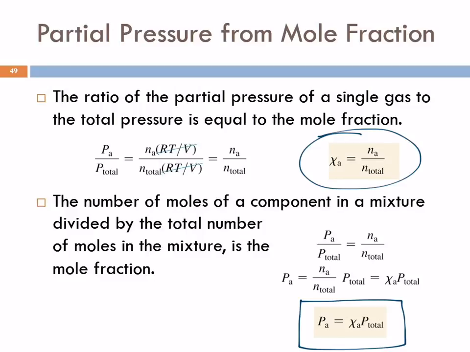The pressure of a single gas in a component is equal to its mole fraction times the total pressure. If half the molecules are oxygen, then oxygen is going to exert half of the pressure. That kind of makes sense, doesn't it? If a quarter of the molecules are oxygen, then oxygen exerts 1/4 of the pressure.